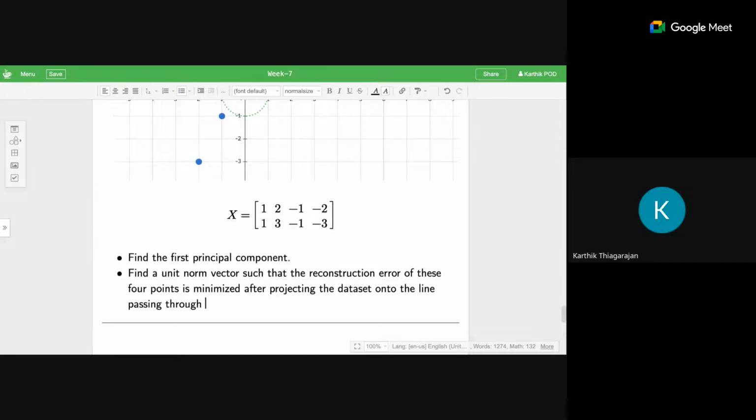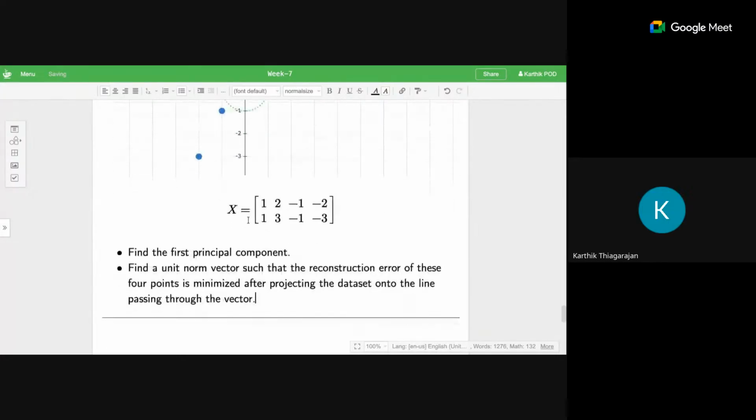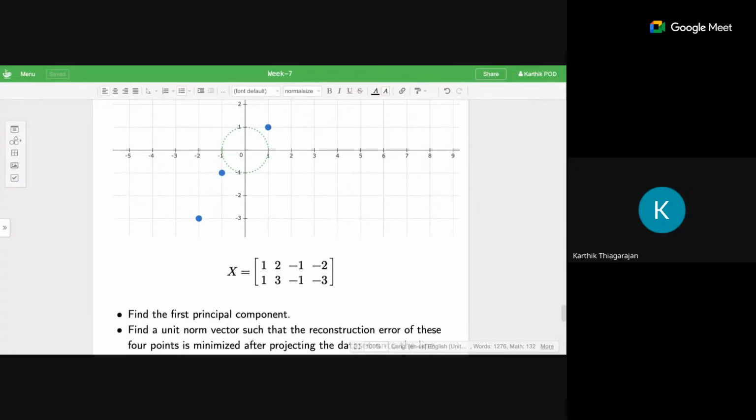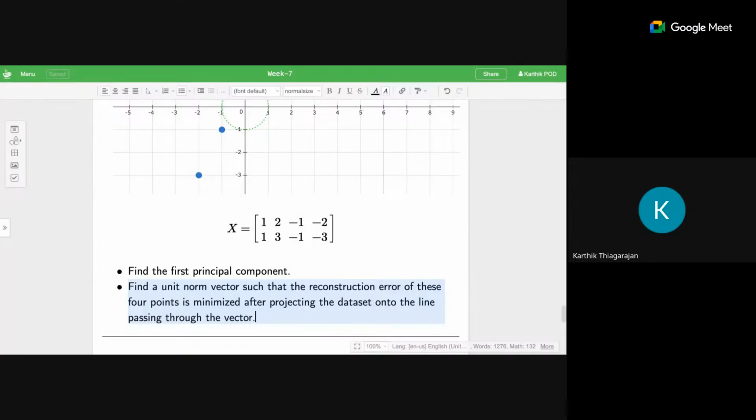This is too complex. You're able to understand, right? So find a unit norm vector such that after you project the data set onto this line, the reconstruction error is minimized. Both are asking the same thing, just a slightly roundabout way of asking the same question.